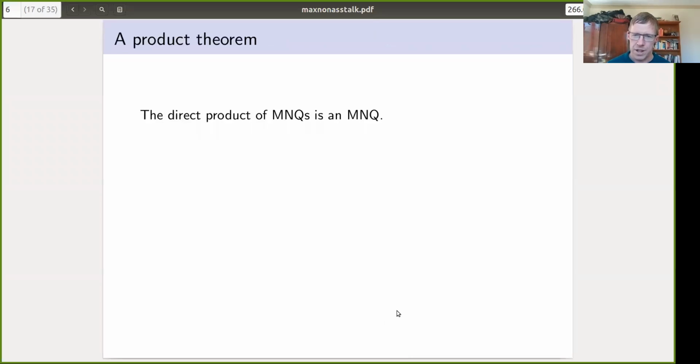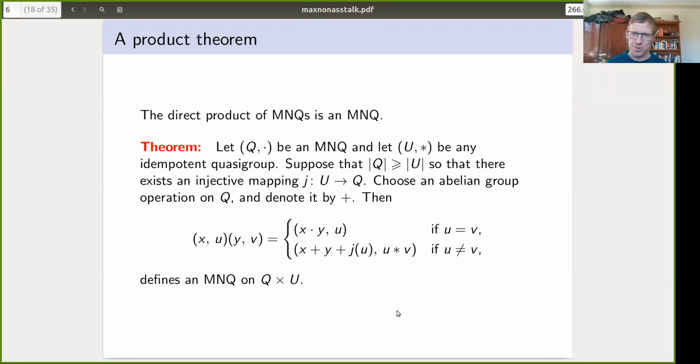Okay, so as I said, you can take the direct product of any 2 examples, you'll get another one. That's a trivial observation. We managed to find a less trivial product theorem, which was one of the keys to us getting a stronger result than Lisnik did. And here is our product construction.